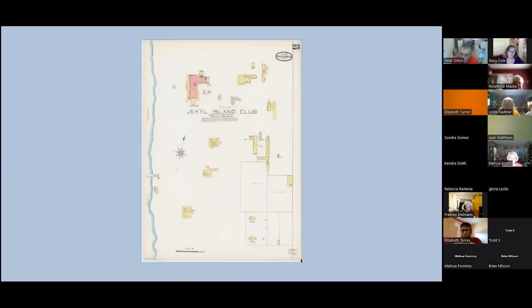Gloria commented that she's looking for land in South Carolina from about 1785. She has the purchase record, the book number and the page, but in the will, the land was passed on to a family member and she can't find this land in later records, so she's looking for transfers of ownership.